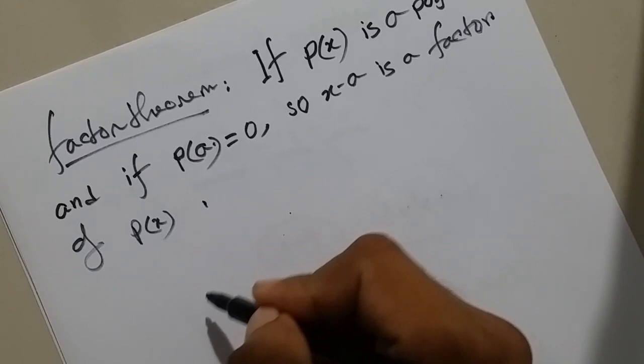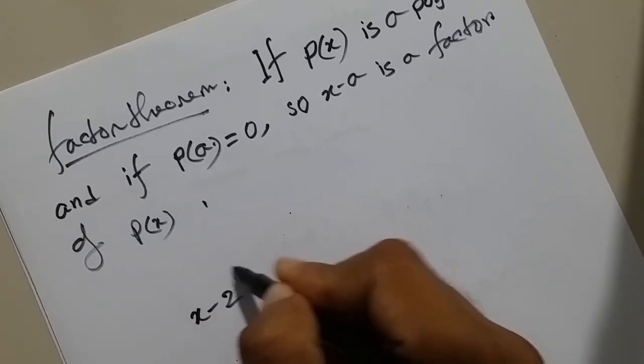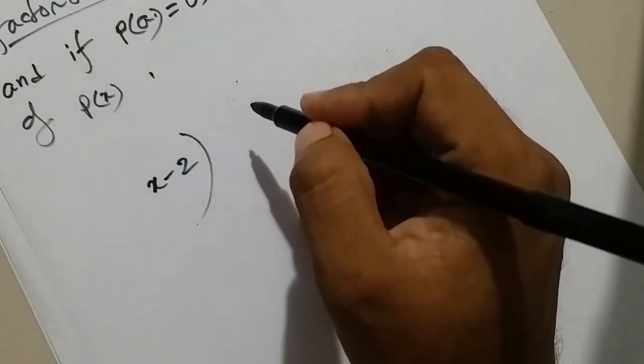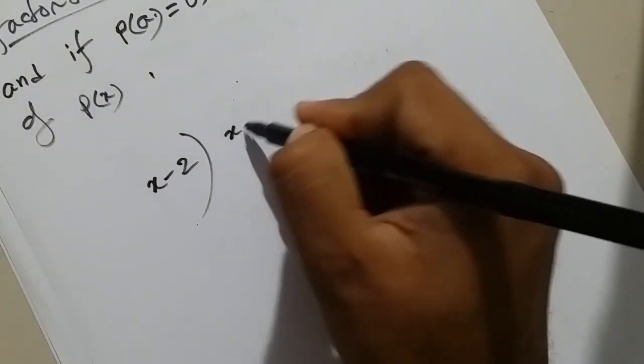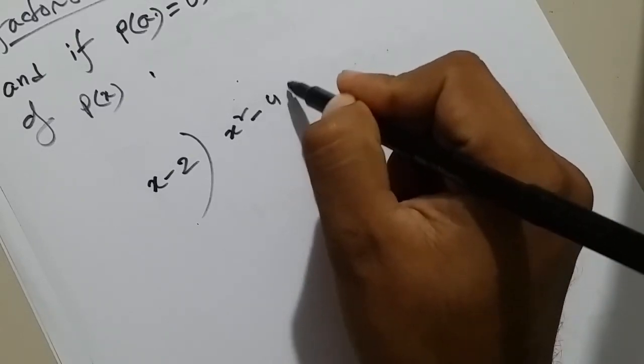Let's see. x minus 2 divides x square minus 4.